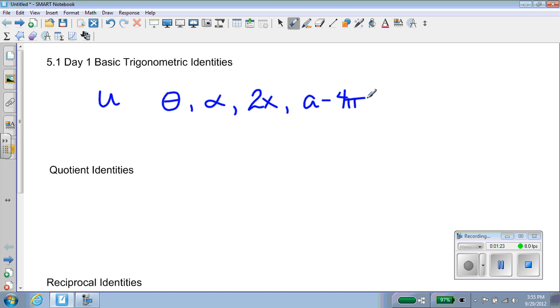So for example, if we wanted to talk about the cosine of theta, and we wanted that quantity to be squared, okay, we would write it that way. However, the shortcut that gets used in trigonometry is to actually put the square on cosine and then write theta.